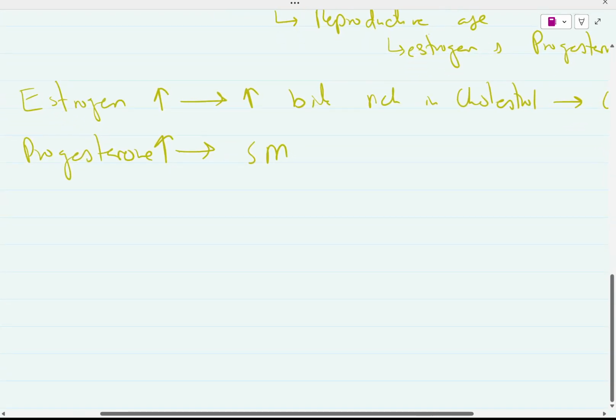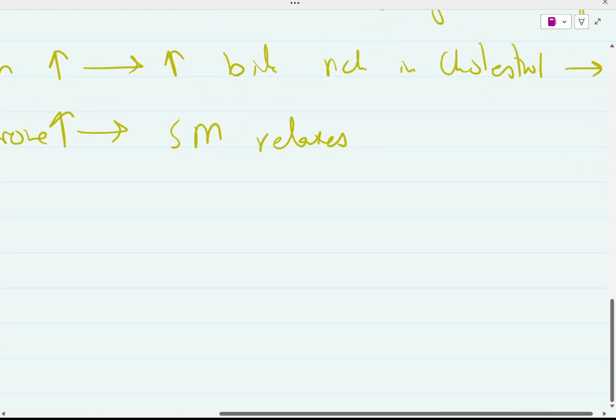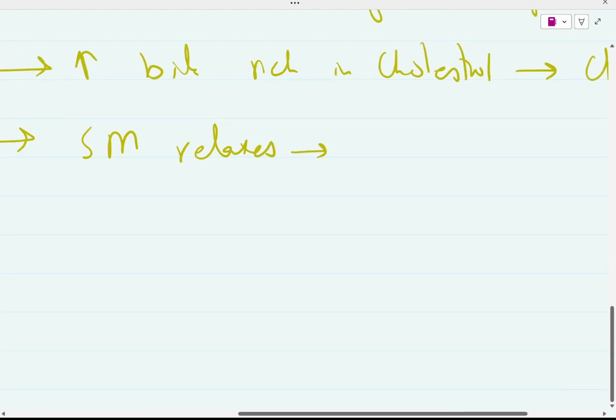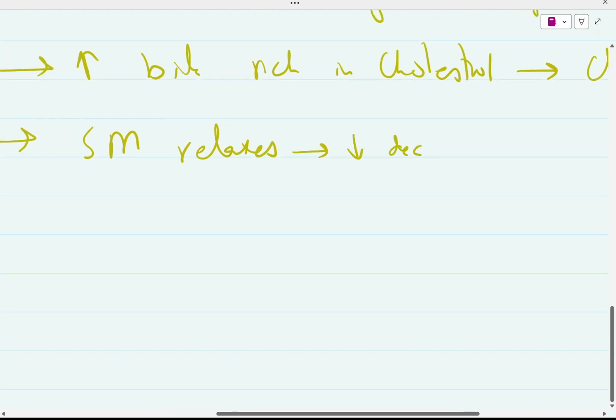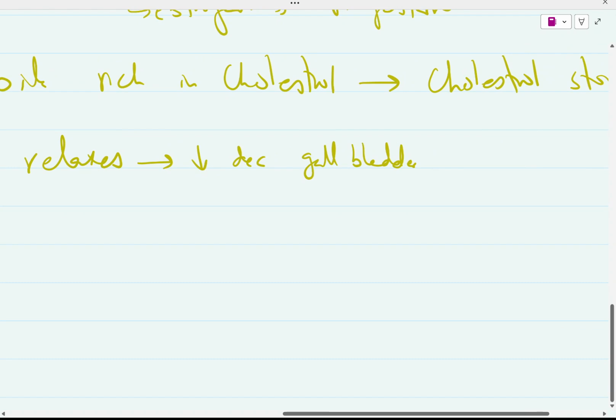So the smooth muscles of the gallbladder relax. This leads to decreased gallbladder emptying. There is less forceful contractility of the gallbladder, which leads to decreased emptying of the gallbladder.